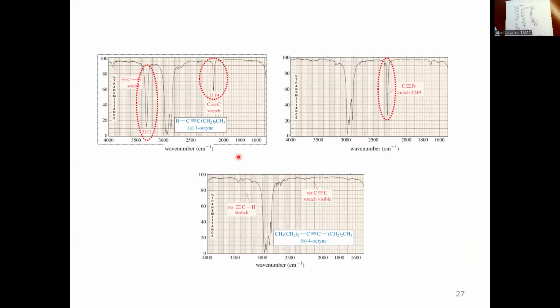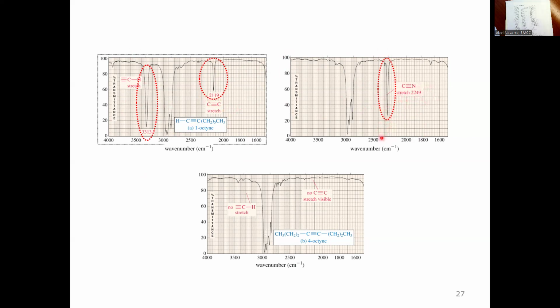In some other cases, for the alkyne, this one is a terminal alkyne. For a terminal alkyne, you should see the C-H sp and you will see the C triple C. Here, nitrile. This is how you differentiate between a nitrile and an alkyne. Alkynes are normally 2100, whereas nitriles are in the 2200s.